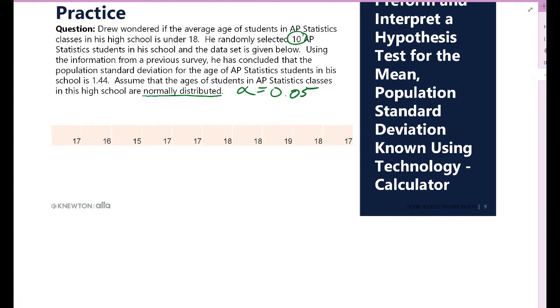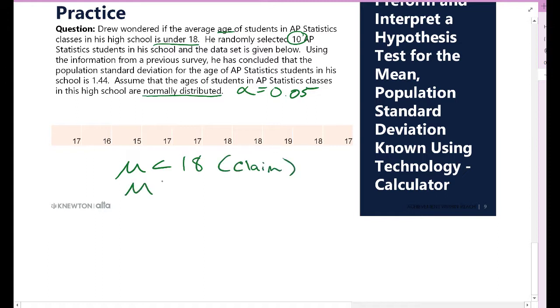First step, write your hypotheses. We are testing if the mean age is under 18. So we're testing if mu is less than 18. This is the claim. Otherwise, the mean equals 18. That'll be our H null. The claim for this is an HA.